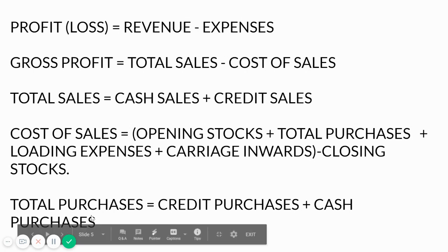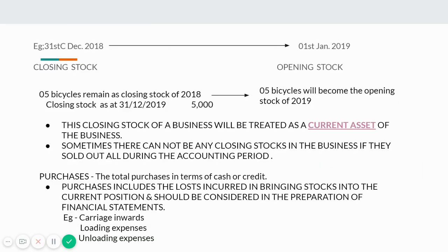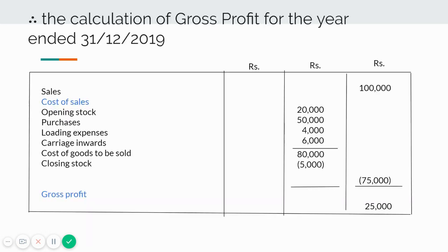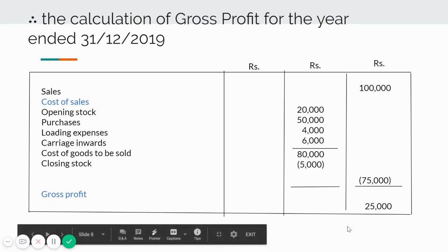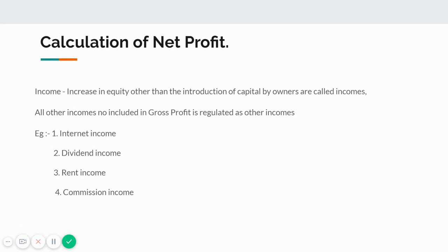So total purchases comprises of credit purchases plus cash purchases. That's how you are going to prepare the first part of the profit or loss statement up to the gross profit, and then we'll move on to the calculation of net profit.